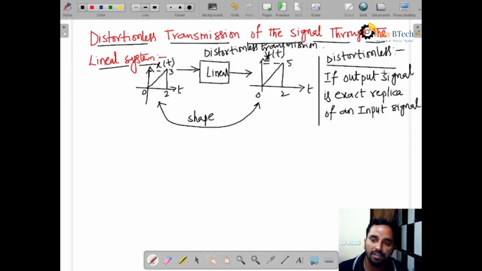Otherwise, if the output signal is not exactly the same as the input, that is called distortion.